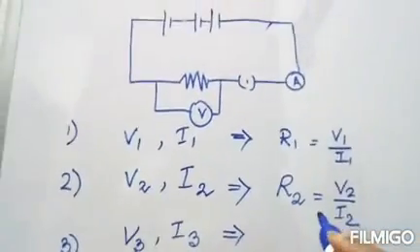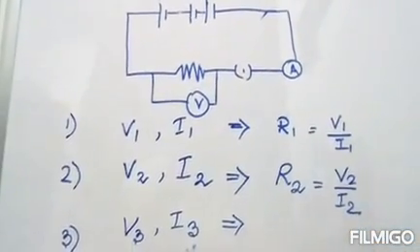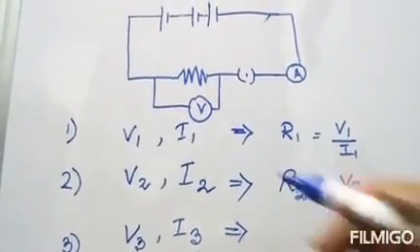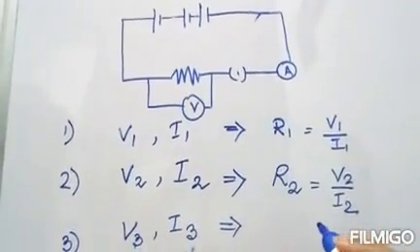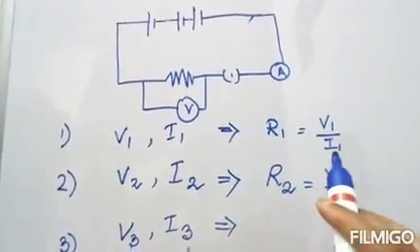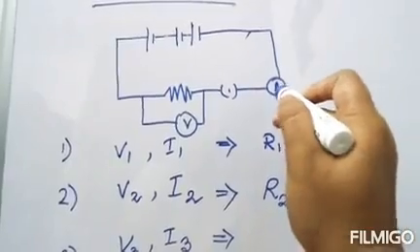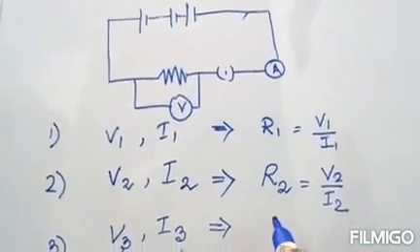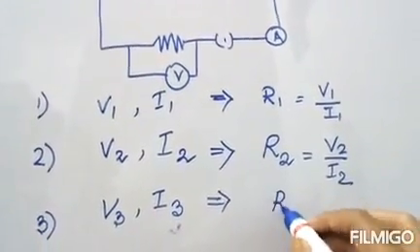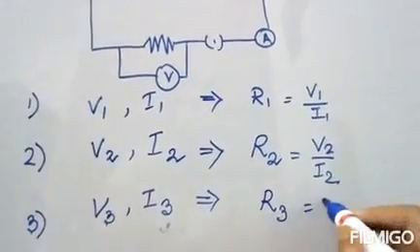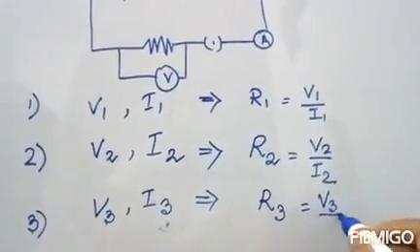Voltmeter reading means the amount of potential difference that we are measuring through the voltmeter, right? And the amount of current we are measuring through the ammeter. Okay, and let R3 be the reading of the third time.